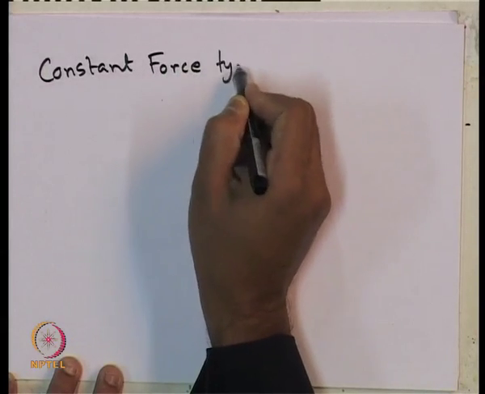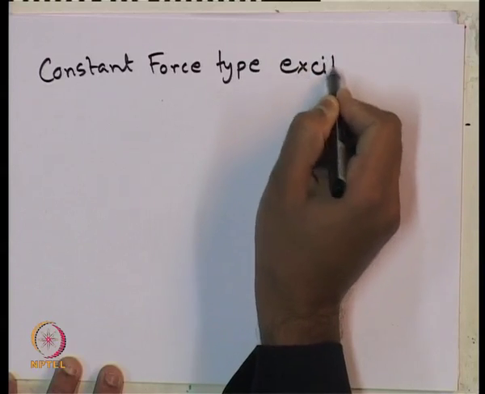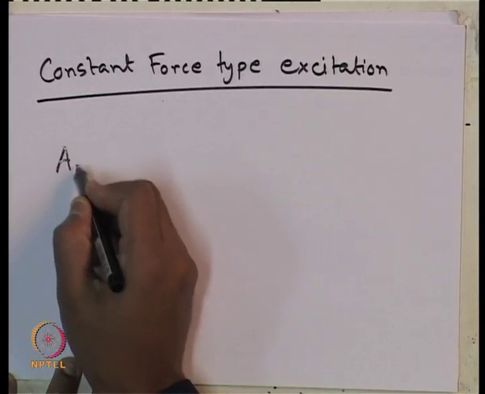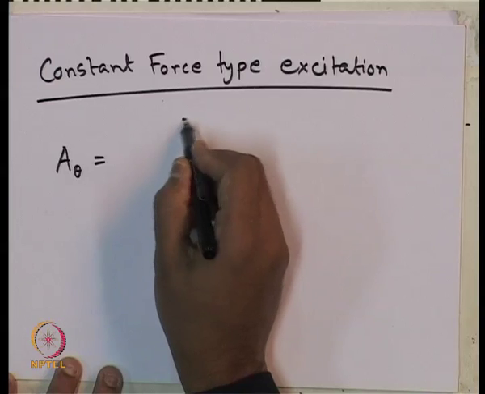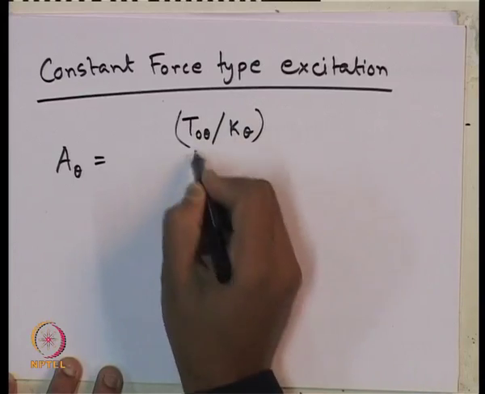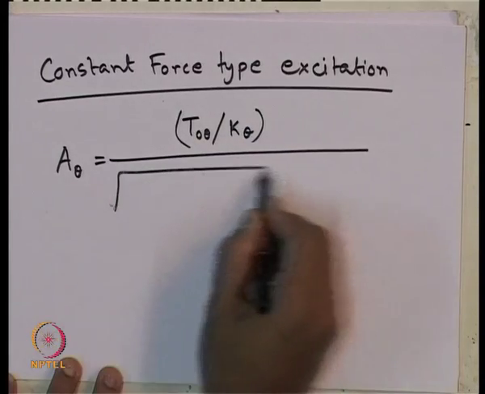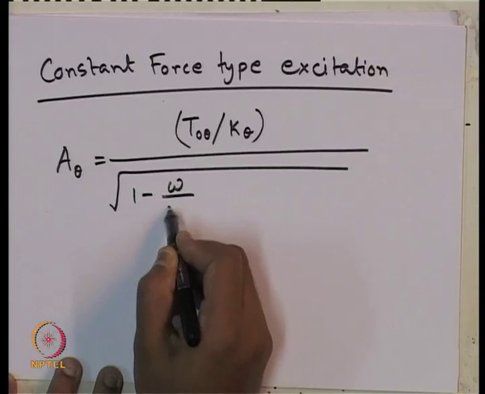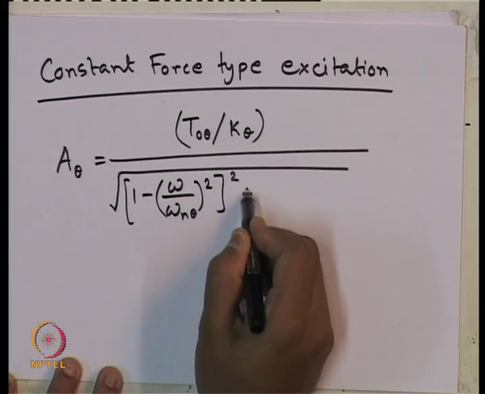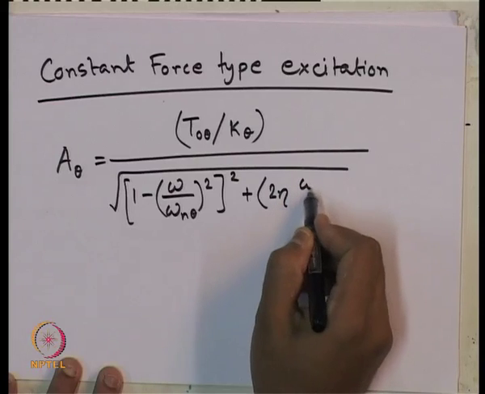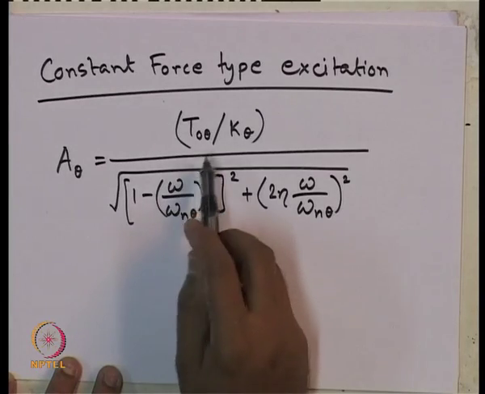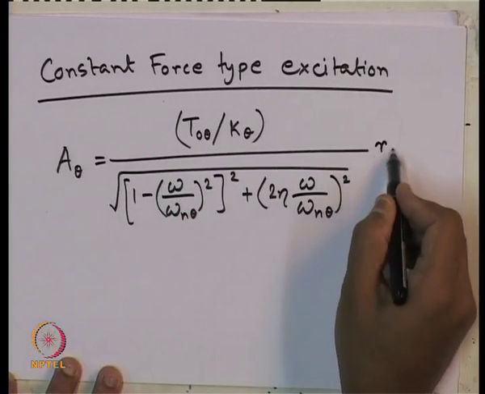Constant force type excitation will have the expression to compute the displacement amplitude: a theta is nothing but T naught theta by k theta divided by root over (1 minus (omega by omega n theta) whole square) whole square plus (2 eta omega by omega n theta) whole square. Again the unit will be guided by this ratio, which will come as radian.